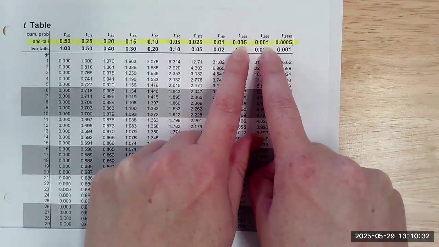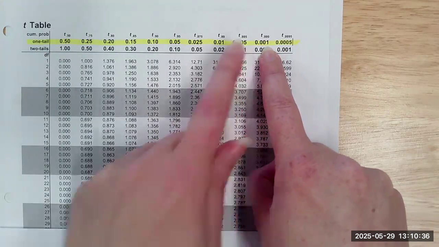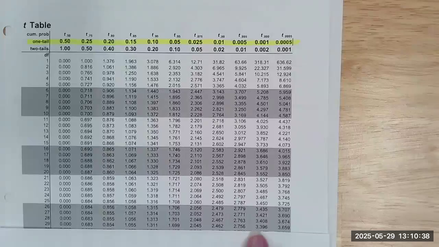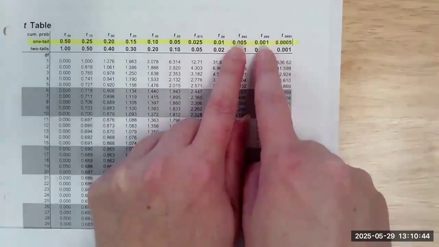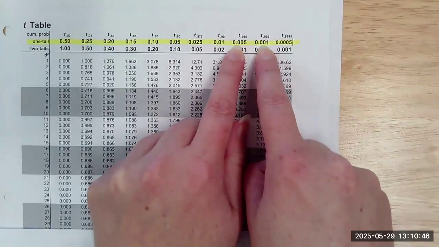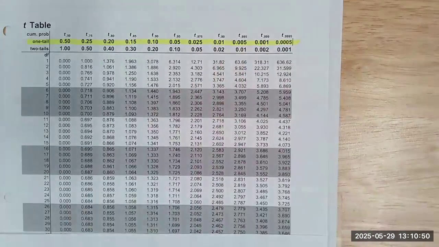Whenever we use the t-table, you don't get to give me an exact t-value or exact p-value unless we happen to be really lucky and our number matches one of the numbers in the table. It hardly ever does. So you're almost always going to give a range. So we're going to say it's between those two numbers. If the table ends at say like the 0.005 column, what would you do?